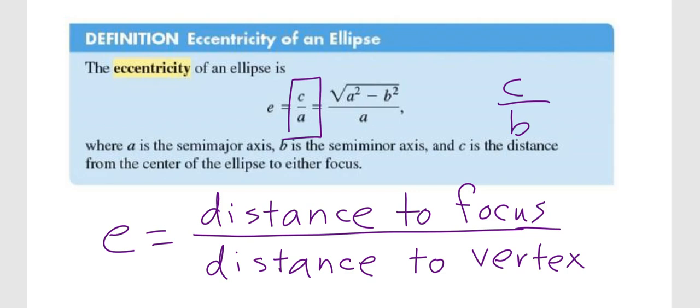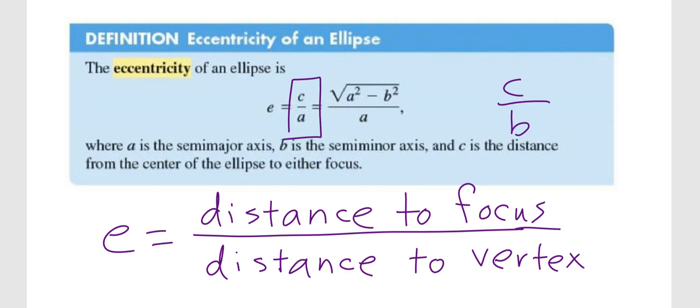Remember, the book's definition is that A is always bigger than B. I have always said that A squared sits underneath the X term. So A goes with X. So I need to make my definition distance to focus over distance to vertex.